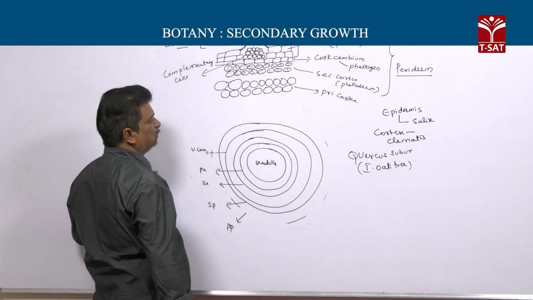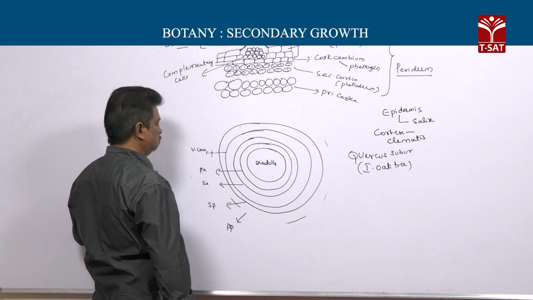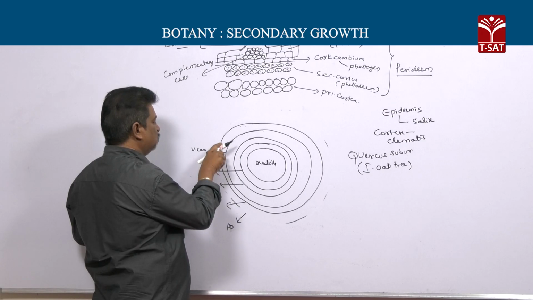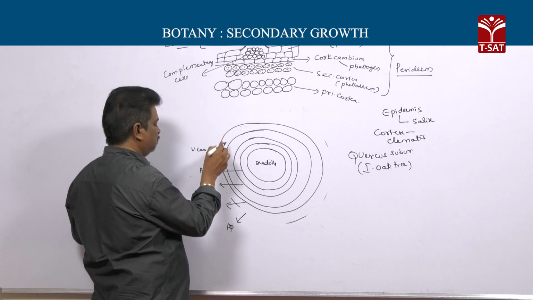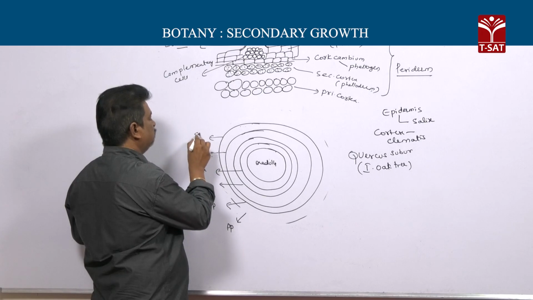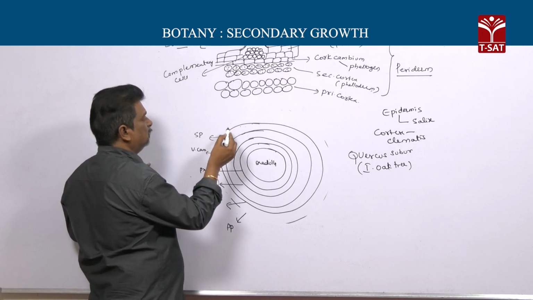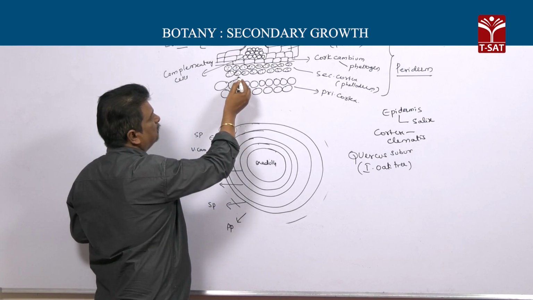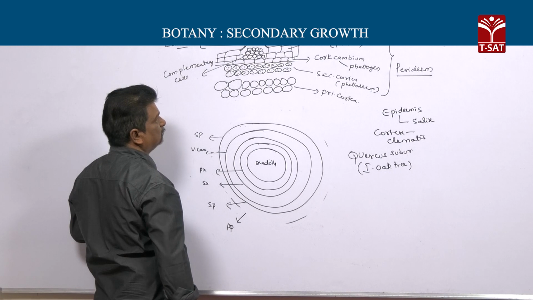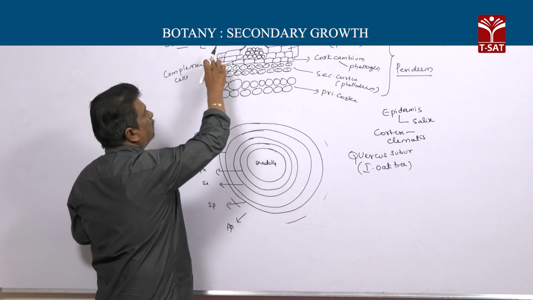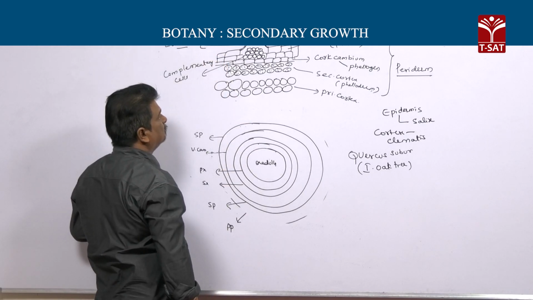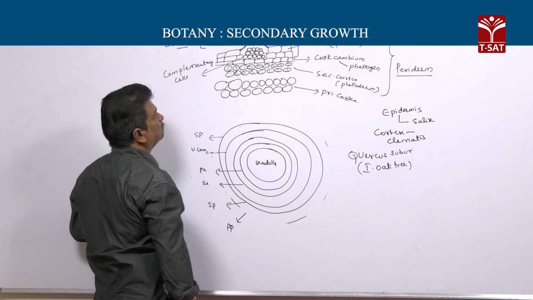Generally after secondary growth, the primary phloem gets crushed and removed. So the layer present outside the vascular cambium is the secondary phloem. Living bark includes secondary phloem, primary cortex, then secondary cortex. Whatever tissues are present outside the cork cambium form dead bark.